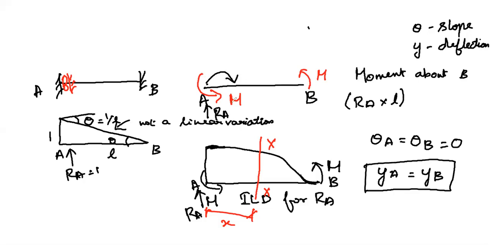Here you have an anti-clockwise moment M at the support A, so minus M. But at the point B there is also a moment acting in the anti-clockwise direction, so it will become minus M again, which is equal to 0 because the moment about the point will become 0. So the value of RA will be 2M divided by L.